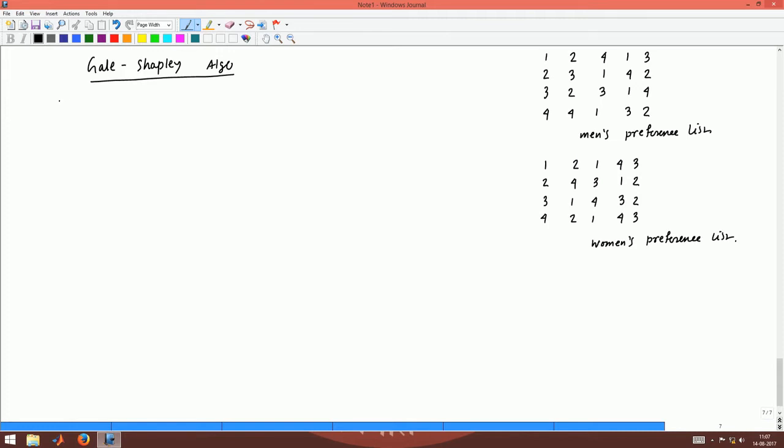So here in the Gale-Shapley algorithm, initially all men belonging to M, so I have used the notation M for the matching also, but this M is the set of all men, and W belongs to the set of all women, are free.